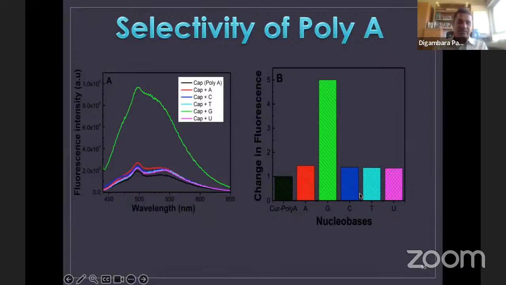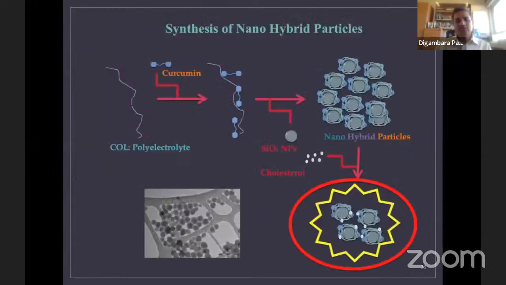That means we can selectively assay a particular nucleobase using our kind of nanoparticles. And these are important for DNA sequencing. In DNA sequencing, you need to identify each nucleobase separately. So such a method can be useful.